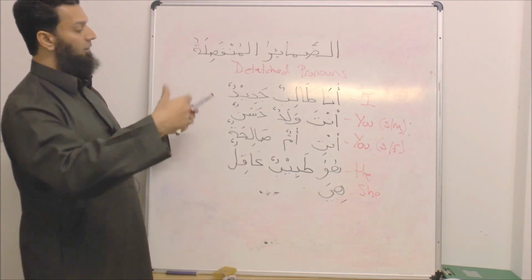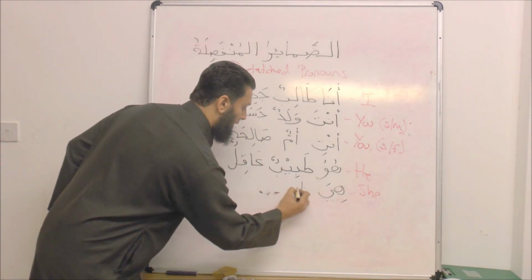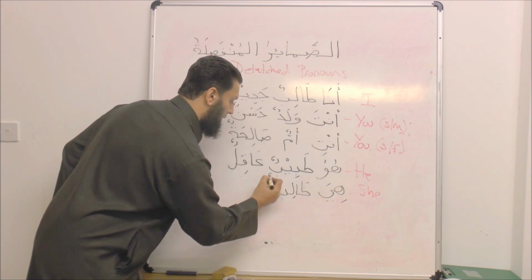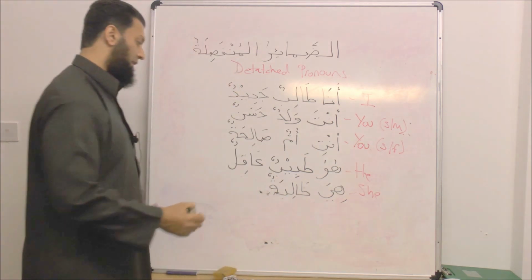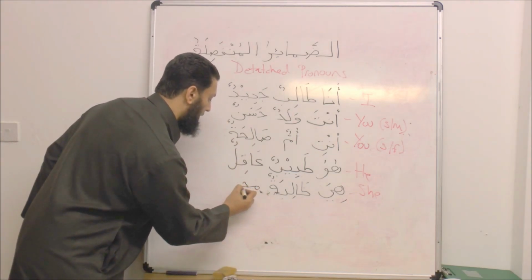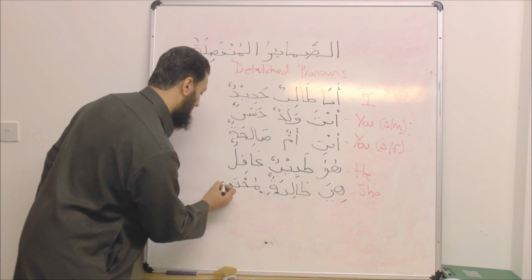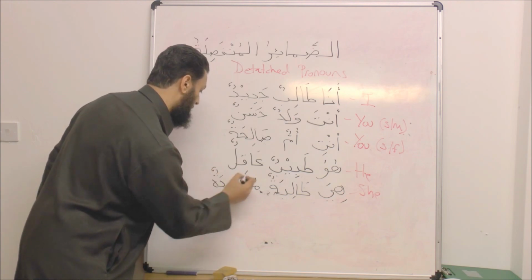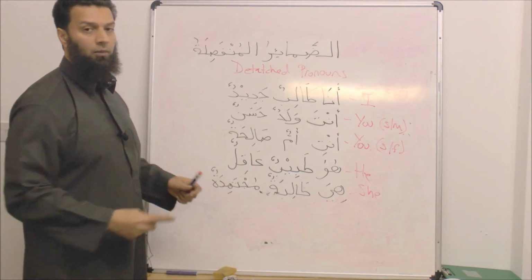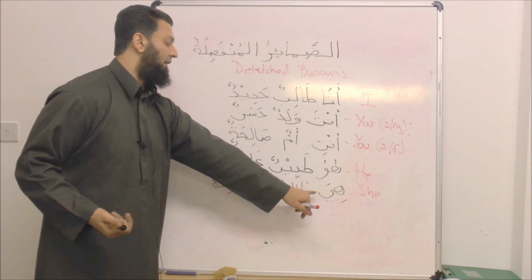So we can say, for example, هي طالبة مجتهدة, which means she is, well, it doesn't mean is, but we understand it is in our sentence.